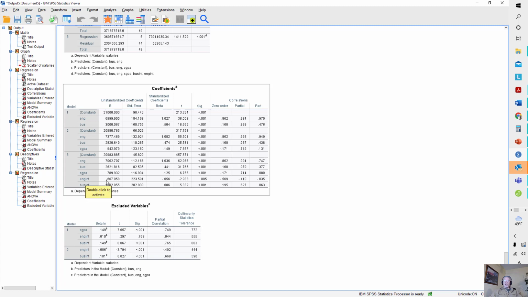The engineering majors, we see a minus 667. This is a difference in slope, and it refers back to the initial slope represented here by our x value. So relative to the liberal arts majors, the engineering majors have a slope that is $667 less than the liberal arts, which would leave them about 123 for a 1-point increase.